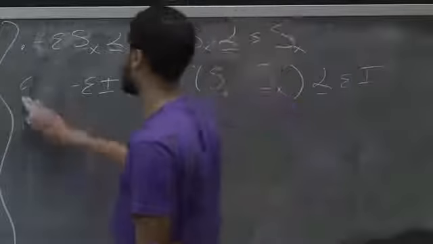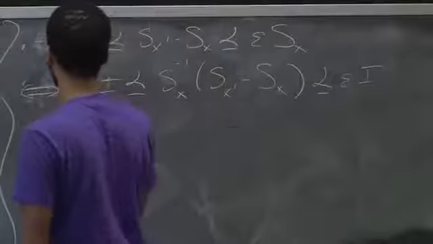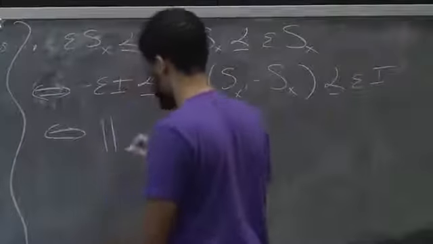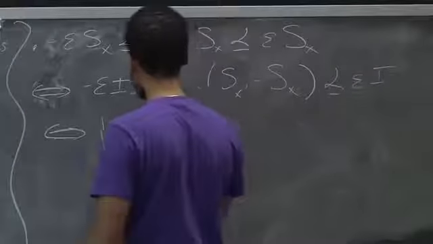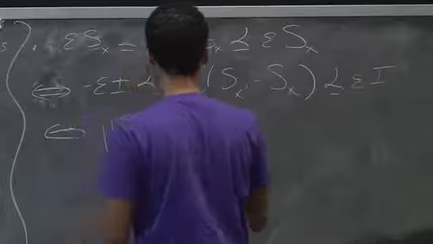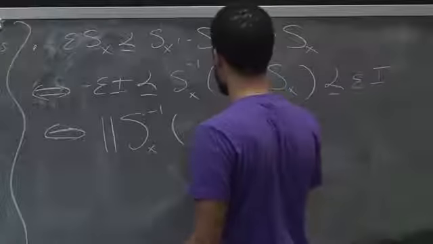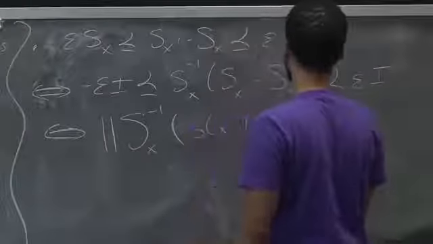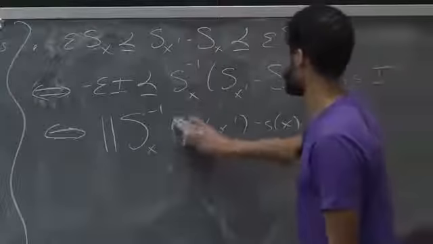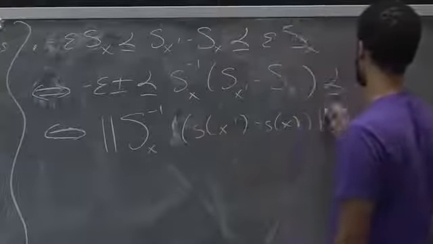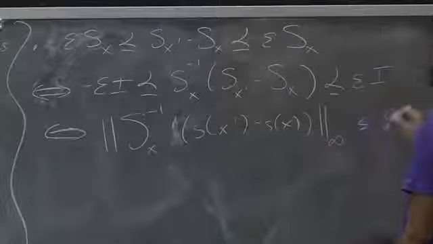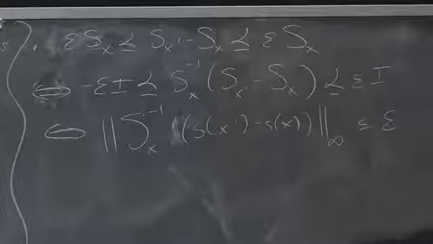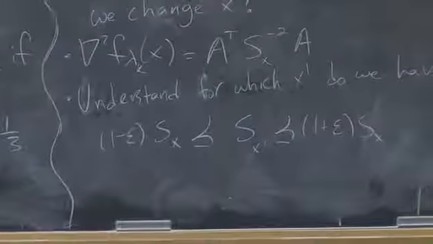So this is the same thing as saying that the infinity norm of the slack vector, S_x prime minus S_x, scaled by slack x inverse, is at most epsilon. So to understand when this holds, it's enough to understand when this holds.